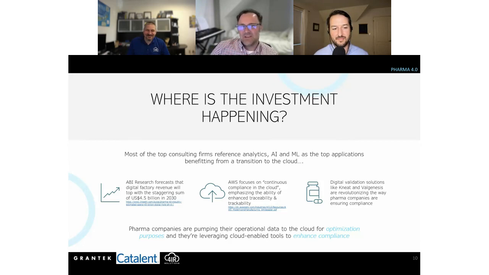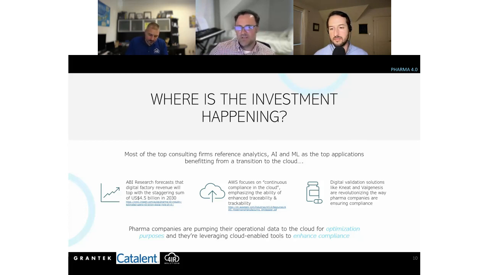Looking at where the investment is happening specifically in cloud or the applications that cloud enables, most of the top consulting firms reference analytics, AI, and machine learning as the top applications that can benefit from a leap into the cloud.